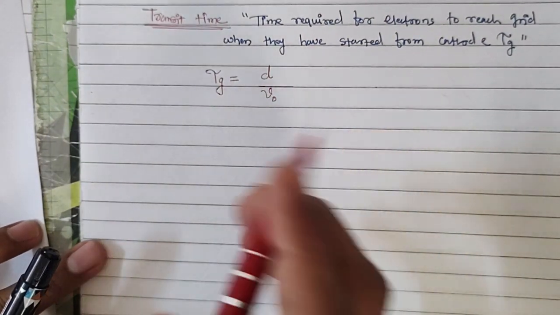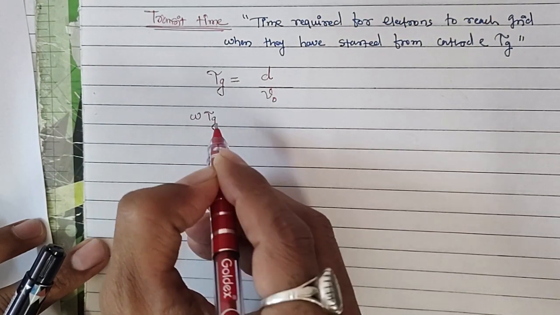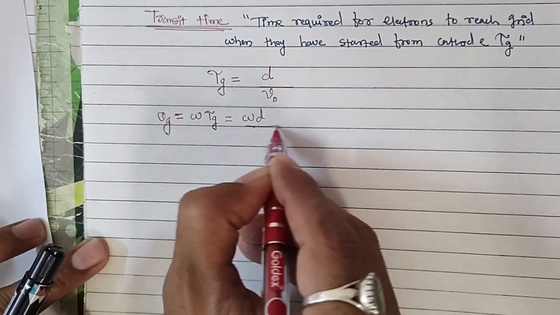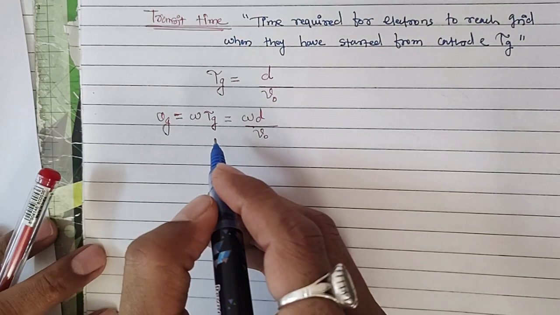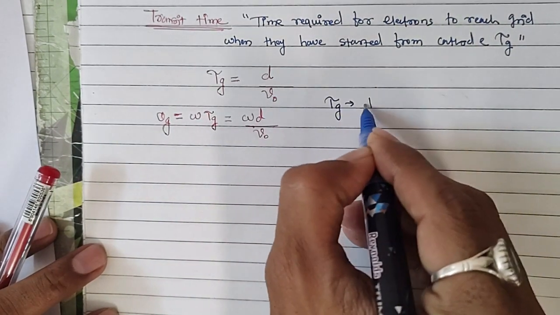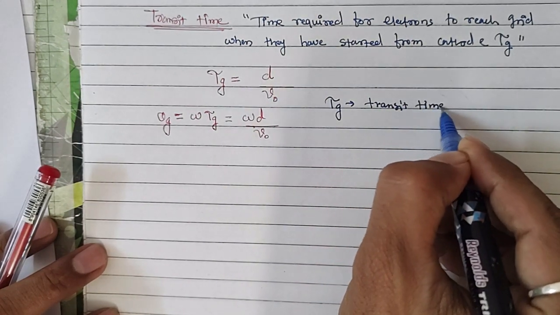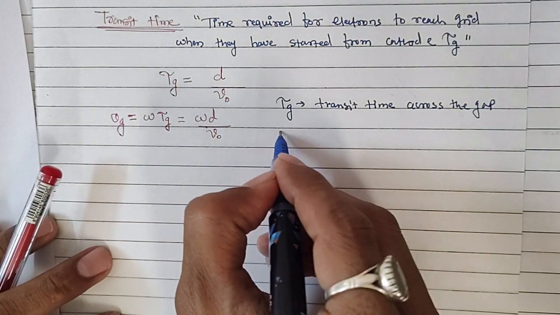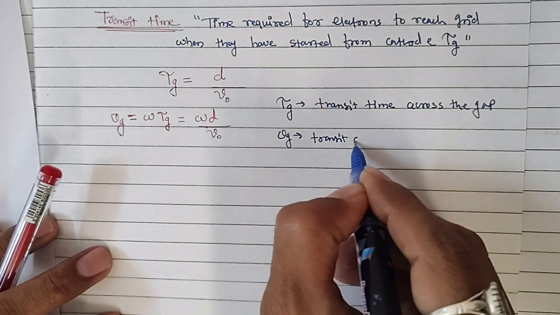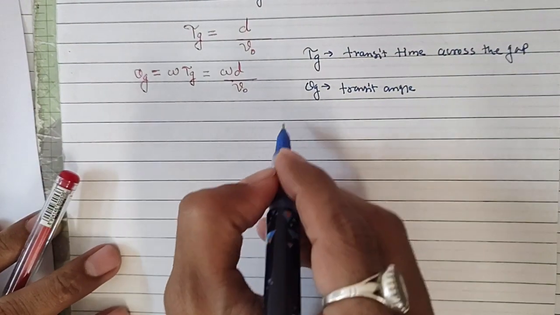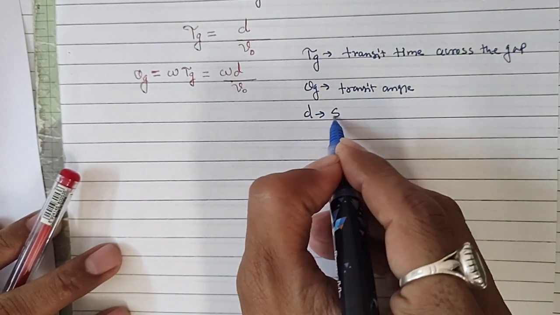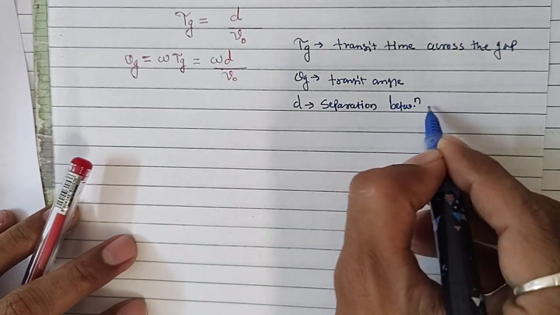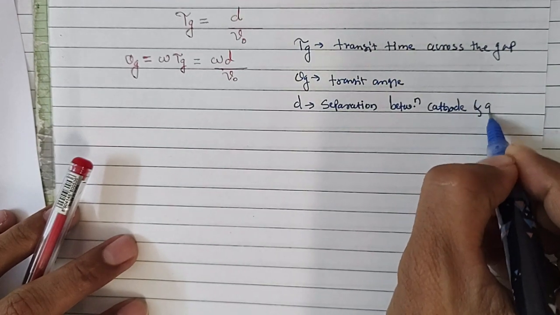If we convert this into angle, when we multiply by omega, it would be omega tau g, that is theta g, called the transit angle, equal to omega d by v0, where tau g is the transit time across the gap, theta g is the transit angle, and d is the separation between cathode and grid.